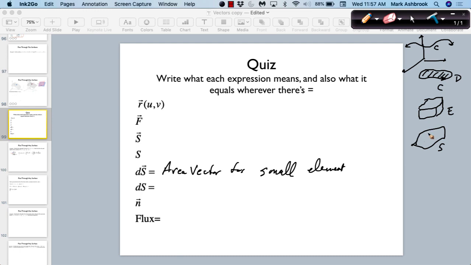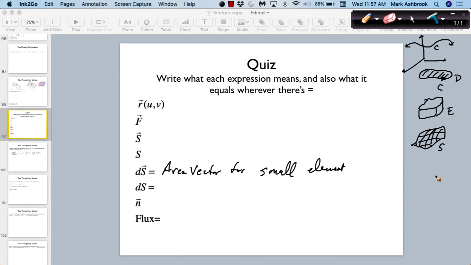If you have some surface, we partition it in terms of u and v, and that gives elements. When you partition it, you're slicing it up. That makes elements. For each one of those little elements, dS is the area vector for the element.